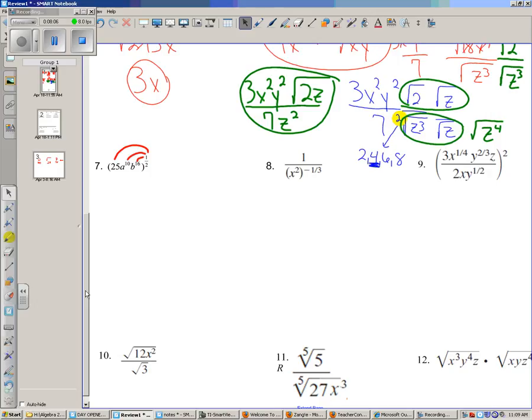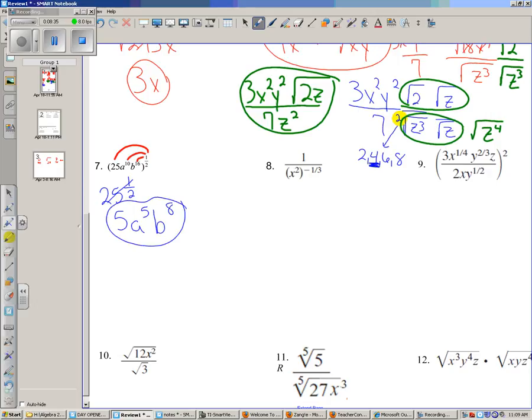When I take 25 to the 1/2, I want you to remember that anything to a 1/2, 1/3, 1/4, you should automatically think of as that root number. So that's the same as the square root of 25, which is 5. 1/2 times 10, the a is going to become a to the 5th. And then 1/2 of 16 becomes b to the 8th. And that's it for 7.